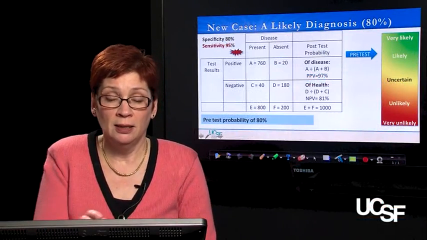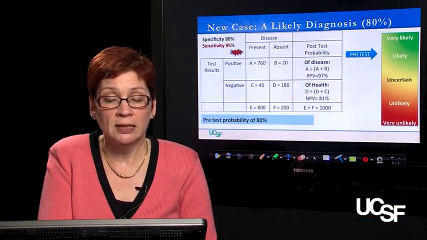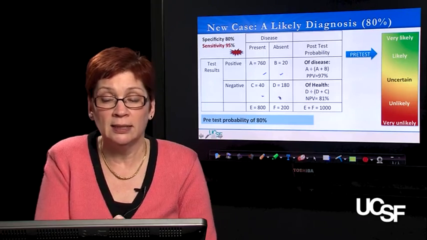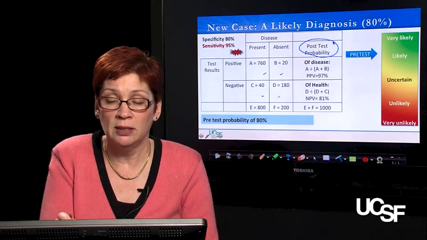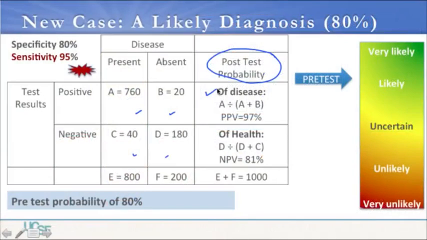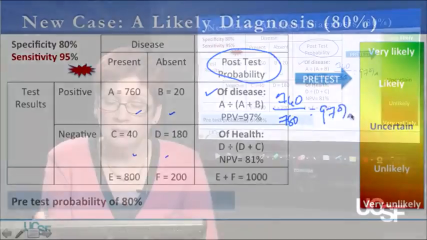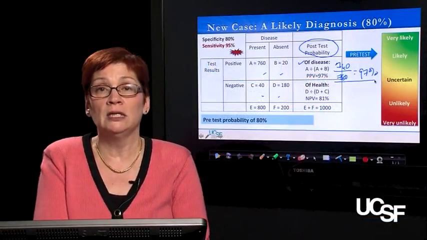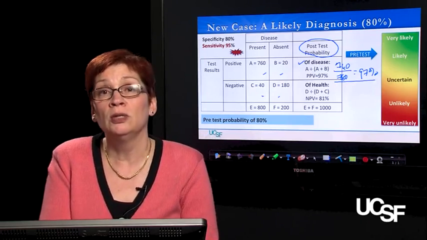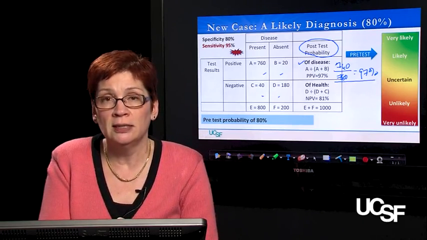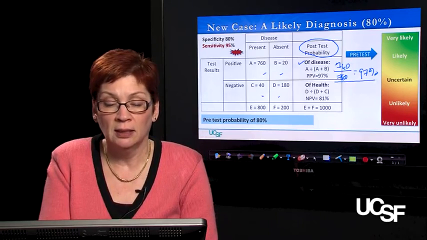And then we used our numeric values in A, B, C, and D to calculate our post-test probabilities of disease. A, 760, divided by A plus B, 780, is equal to 97%. That's the post-test probability of disease, or the proportion of people who test positive for the disease who actually have the disease.